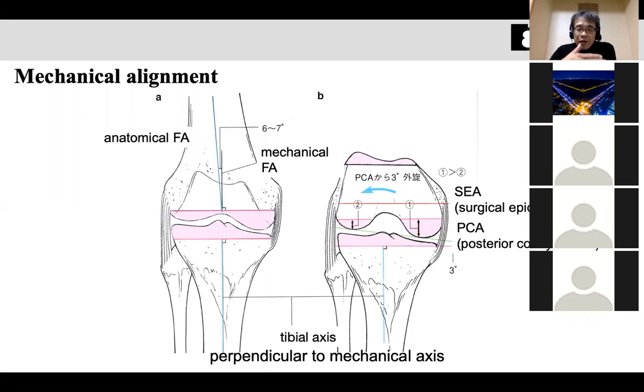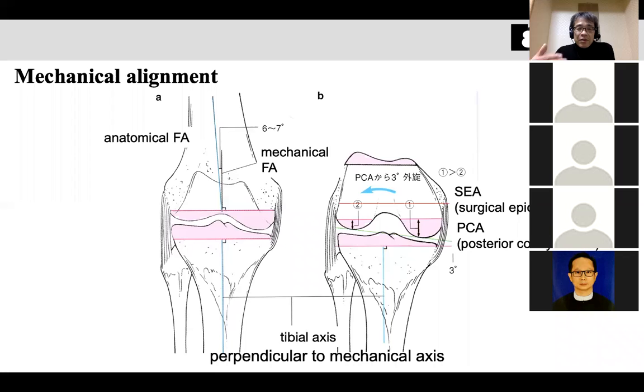This is due to the bone wear of the medial side in the OA knee. If we cut the bone in a normal patient, we always cut the medial side thicker. But in the OA patient, partly the cartilage wears, and then bone can wear. So the medial thickness gets thinner with the advance of OA.